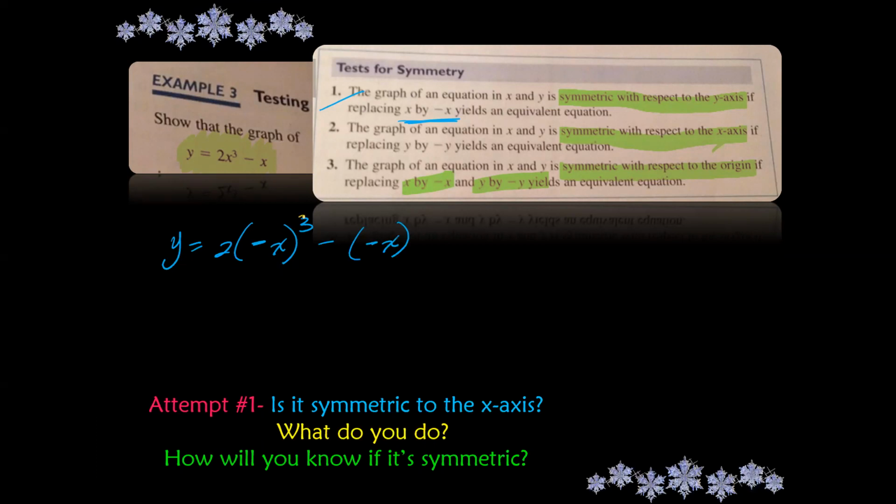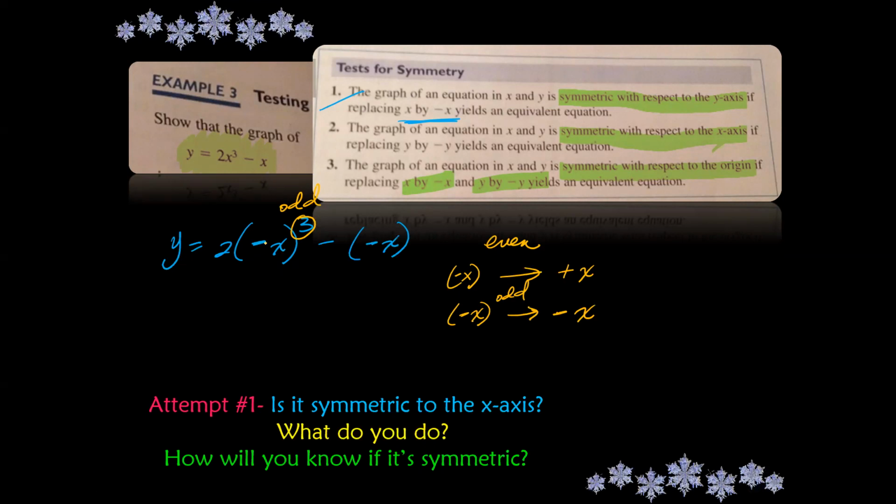So this is an odd power, okay? Remember back in trigonometry and pre-calculus, if you have a negative x to an even power, you will get a positive x. If you have a negative x to an odd power, it will be a negative x.